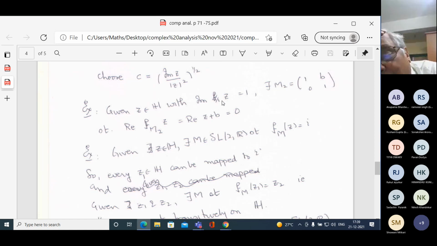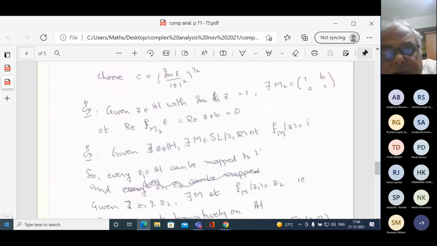What we want to show is that they are essentially all of them. So every z in H can be mapped to i, and given z1 and z2 in H, there exists an M such that F_M of z1 is equal to z2. That means the group of these M's, SL2R, acts transitively on the upper half plane.